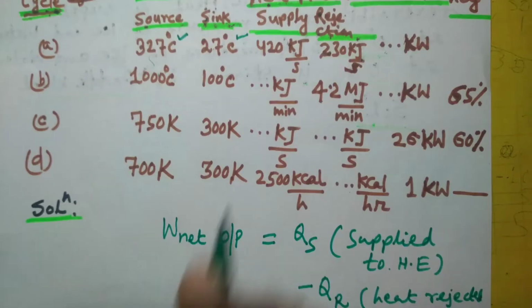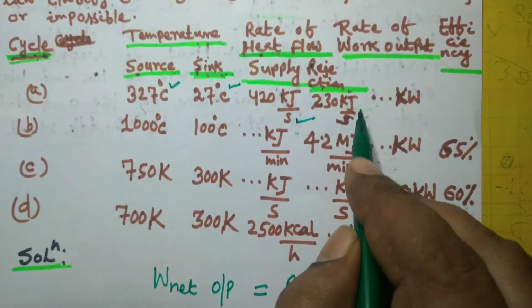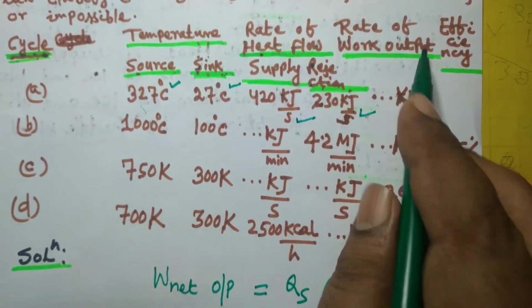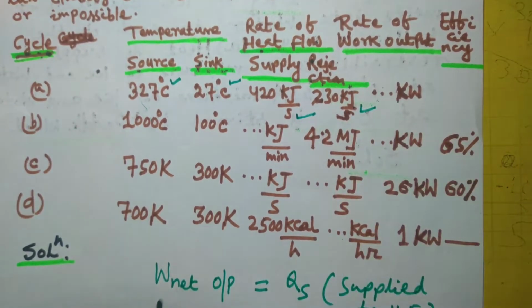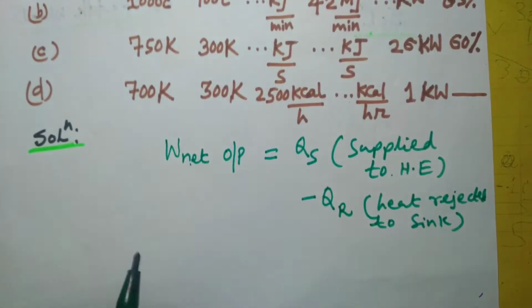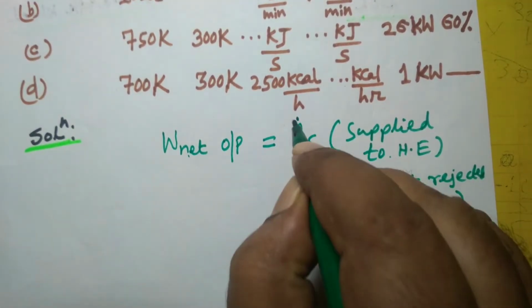That means here QS is given, QR is given. We have to find out the rate of work output, that is W net. This is in fact in rate form.